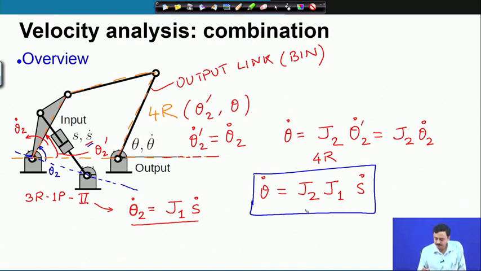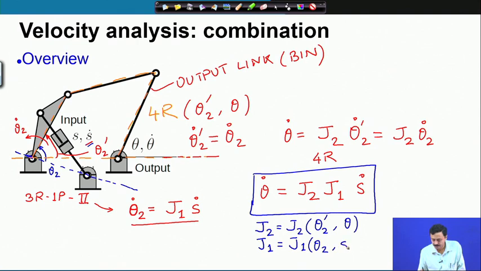Only thing to remember here is that this J2 is a function of theta 2 prime and theta, and J1 will be a function of theta 2 and S. So, this is the additional thing that has to be remembered.